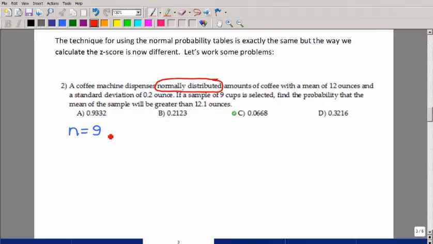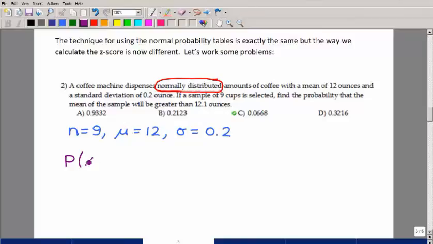So let's see what we have here. We have a mean of 12 and a standard deviation of 0.2. However, once again, that standard deviation is for x. That is not the standard deviation that we need. Now, you can calculate the standard deviation that we need first, or we can just set it up in our z formula, which is basically going to look like this.